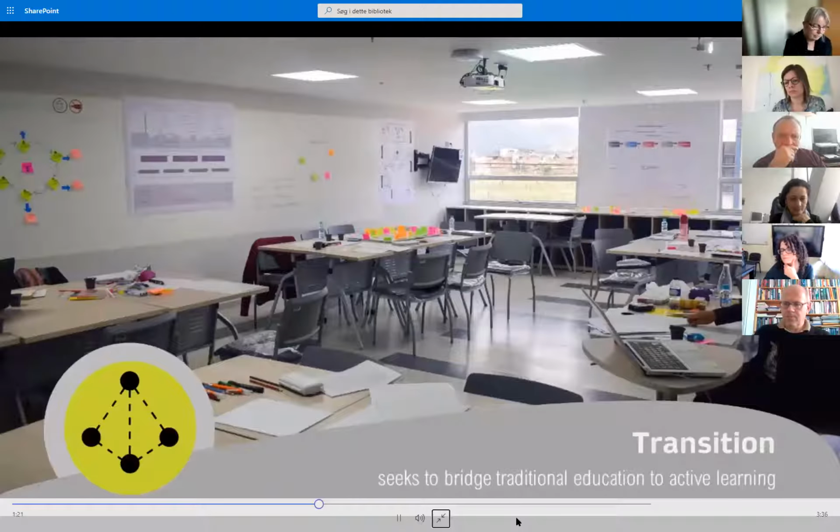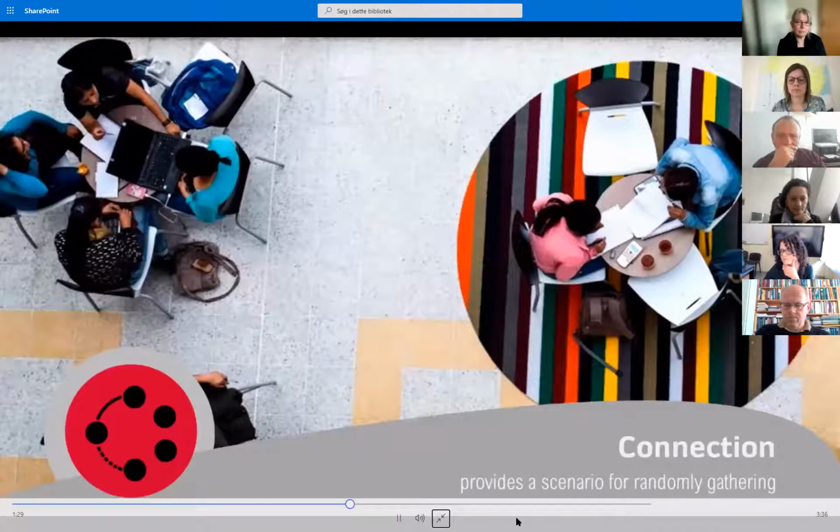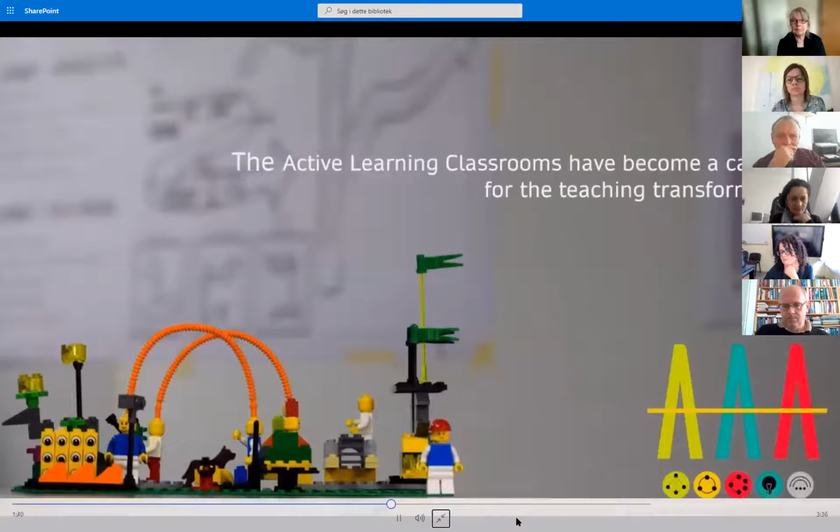Transition seeks to bridge the traditional education to active learning. Collaboration is a space for working with others. Connection provides a scenario for randomly gathering. Ideation challenges your imagination and your roles as a teacher or student; it is a thinking room. Thus, the active learning classroom has become a catalyst for the teaching transformation.